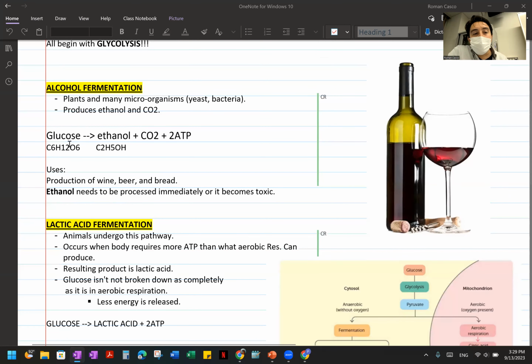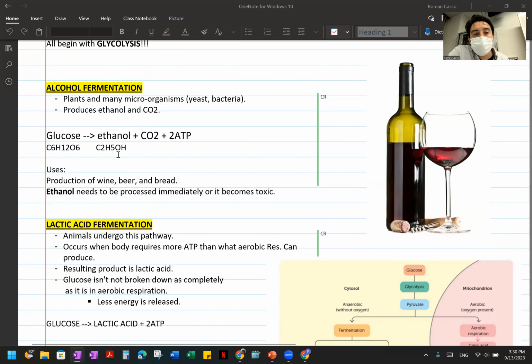So that breakdown of glucose forms ethanol, C2H5OH, plus carbon dioxide plus 2 ATP.